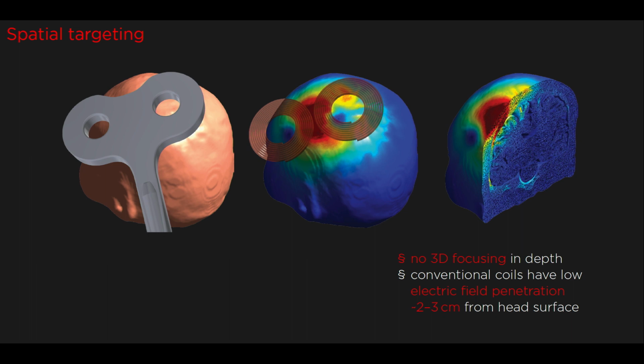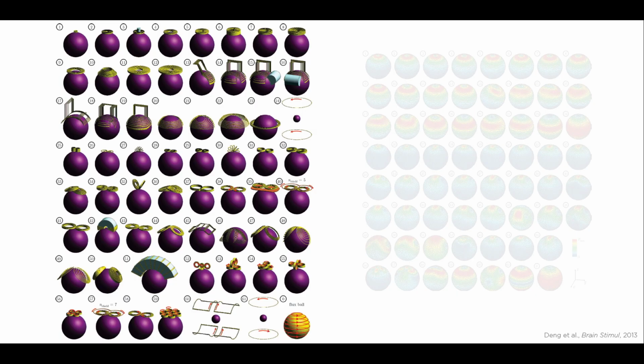brain. Conventional TMS coils, like the figure-8 coil that is illustrated here, have an electric field penetration of about 2 to 3 centimeters from the head surface, hitting about the interface between the gray matter and the white matter, where the brain is being activated.